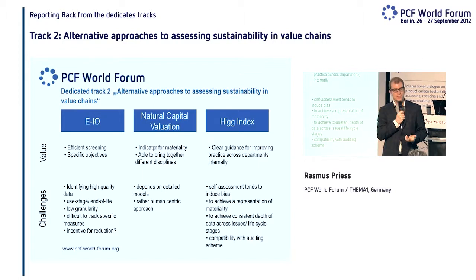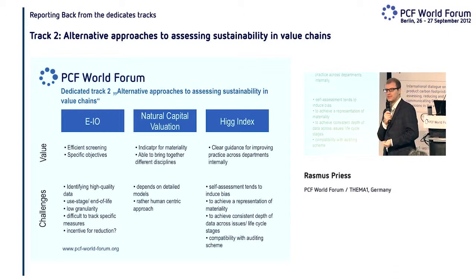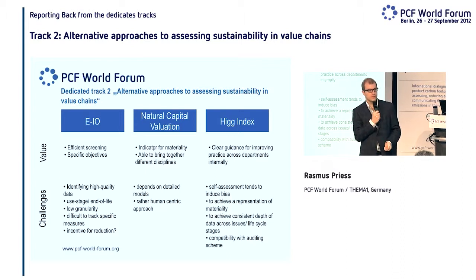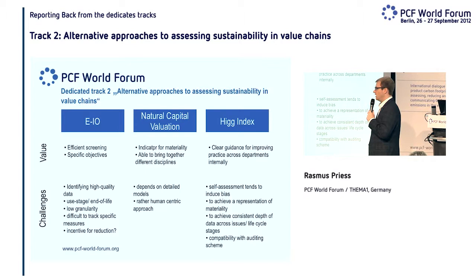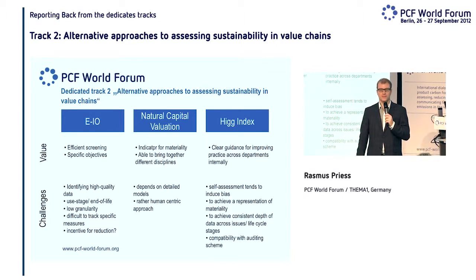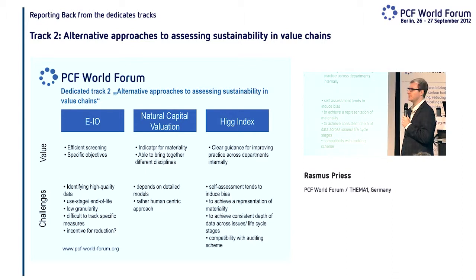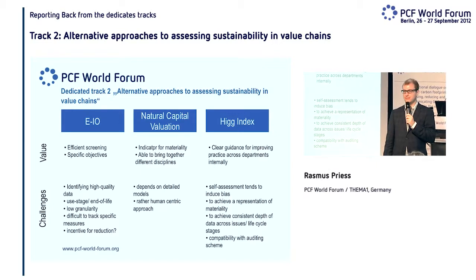So putting really monetary figures to the environmental impacts that were found through input-output models or hybrid approaches, and then really displaying, well, what are the environmental costs associated with companies, or in this case, even particular products. And the third approach that we learned more about was the HIG index from the Sustainable Apparel Coalition that Karin Ekberg from Adidas introduced.